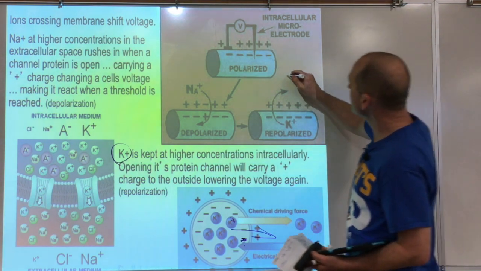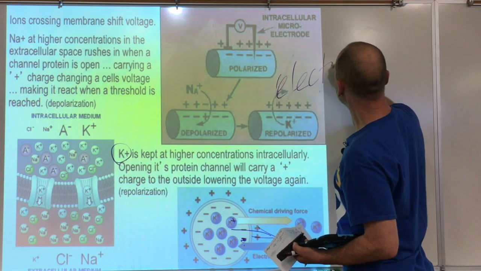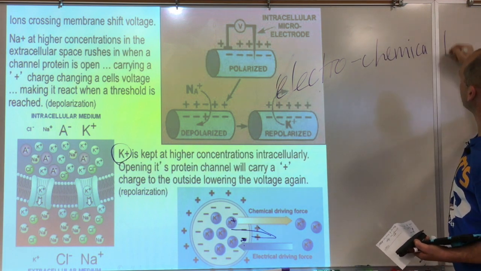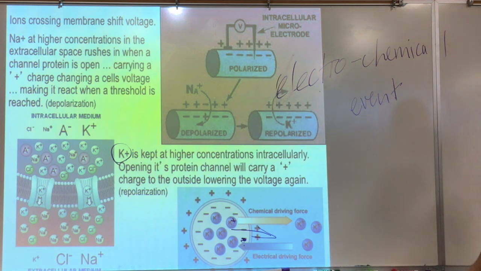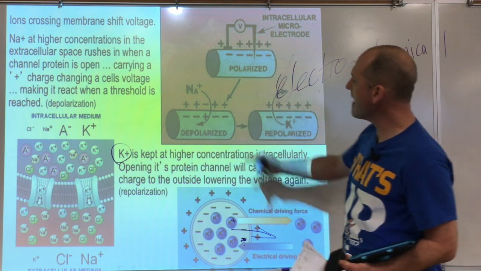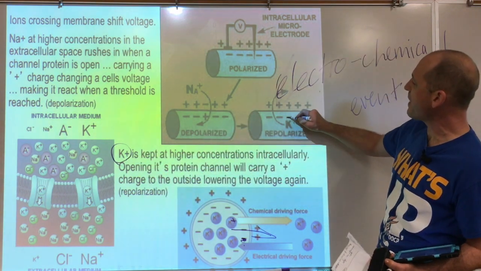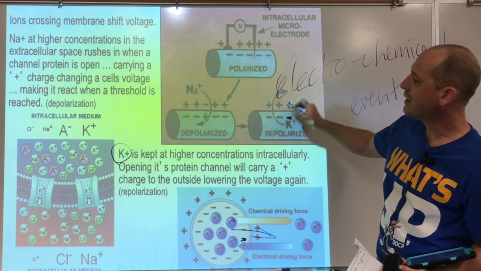And together, we call that an electrochemical event. So a nerve impulse is an electrochemical event because we move the chemicals to change the electricity. And when that potassium and all that positive is back out, we're all back nicely like in the beginning: the negative is inside, the positive is outside.